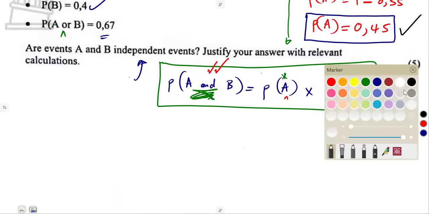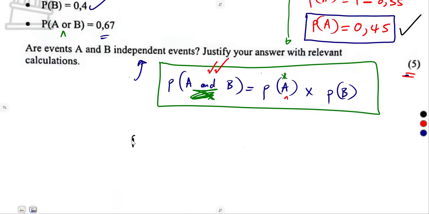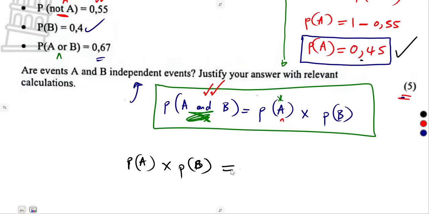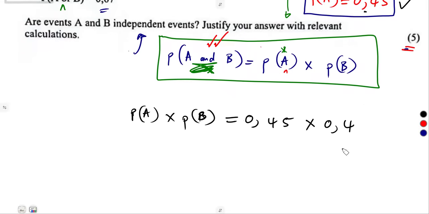All right, so now let us find the probability of A times the probability of B. Multiplying these, the probability of A, which we've already calculated as 0.45, times that of B, which is 0.4, gives us 0.18.